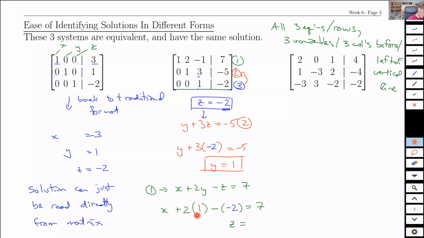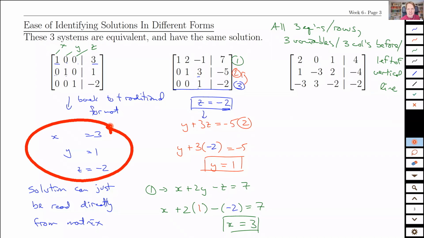And if we shuffle all that around, we actually have plus 2 and plus 2 again. Bring it to the other side, it's -4. And we're going to get x equals 3. So we solve for x by bringing this +4 over the other side to get -4. And what you see is that's the same solution as this system here, but it's a little more work to actually get all 3 values as our solution. It's much easier to read off in this form here.